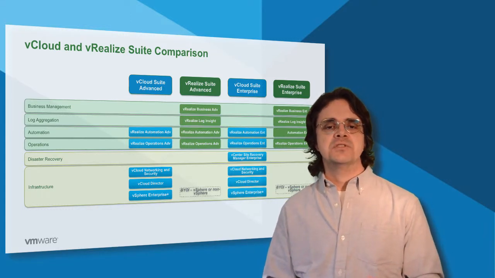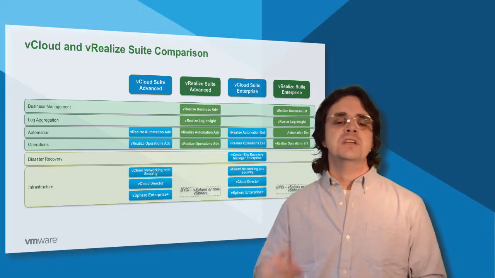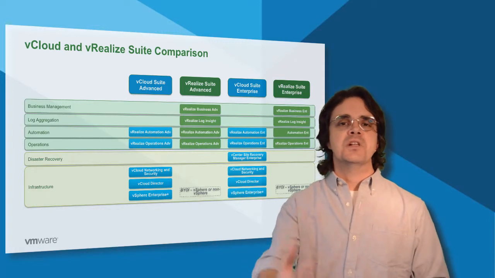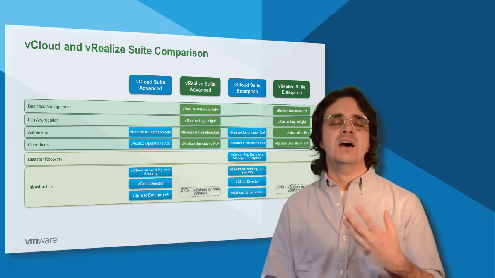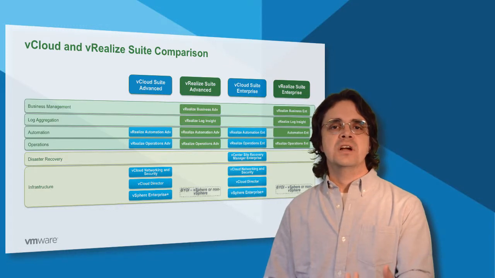vCloud Suite customers, in this case somebody using vCloud Suite Advanced, are going to be using Enterprise Plus, vCloud Director, as well as networking and security, and they're going to have operations and automation plugged in.